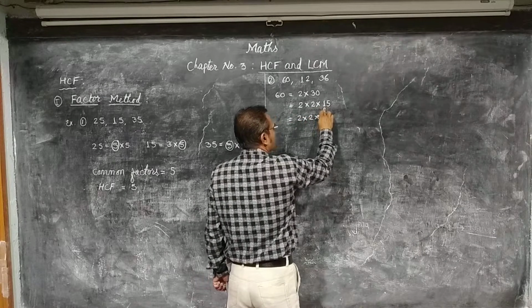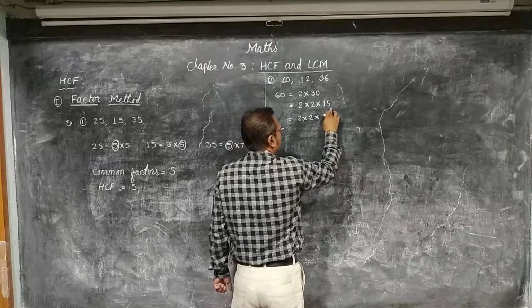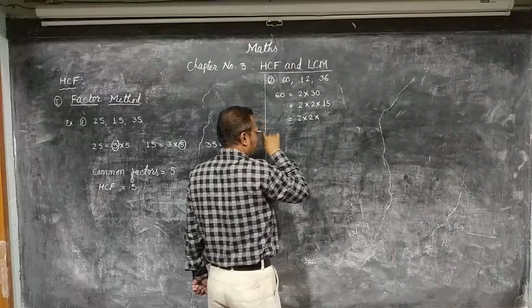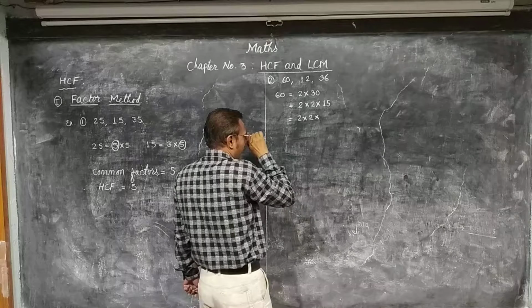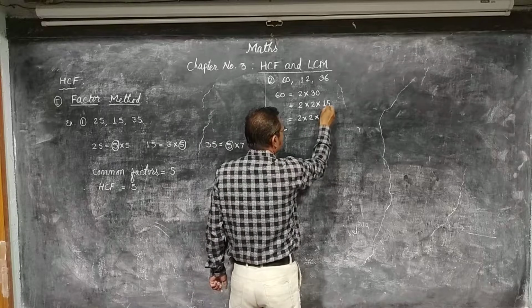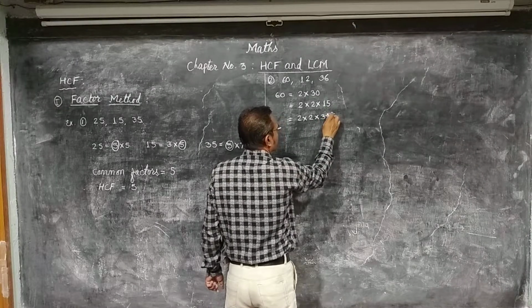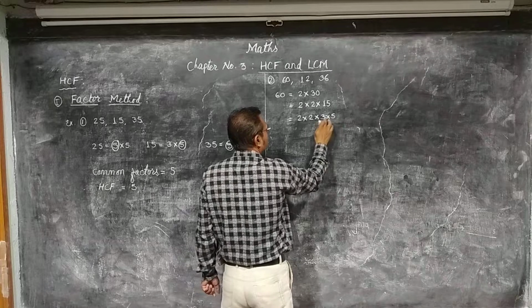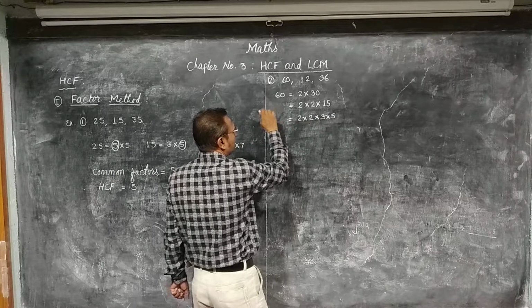Now we can't apply the test of divisibility by 2. After that, 3 5s are 15. 5 is also a prime number. 5 3s are 15, 15 2s are 30, 30 2s are 60.